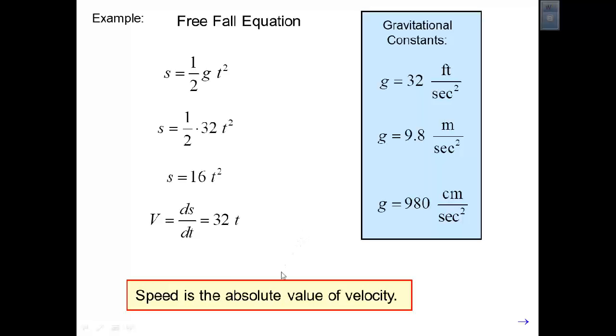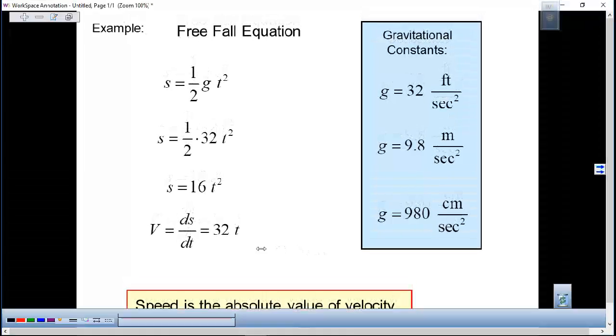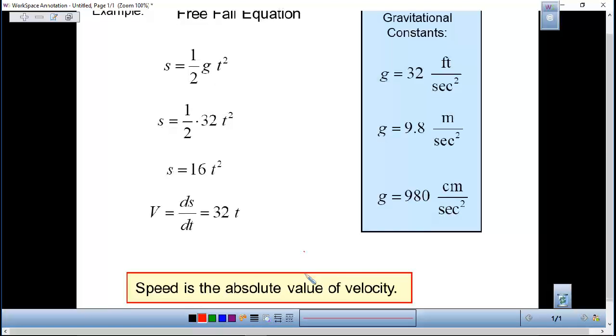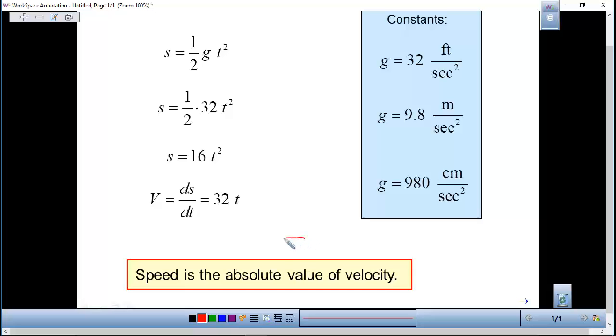Now, one thing you need to know is that speed is the absolute value of velocity. Velocity has a directional component to it. What that means is when I'm talking about a negative velocity, I'm typically talking about moving either left or down, depending on which way we're going. If we're going up and down, negative velocity typically is going down.